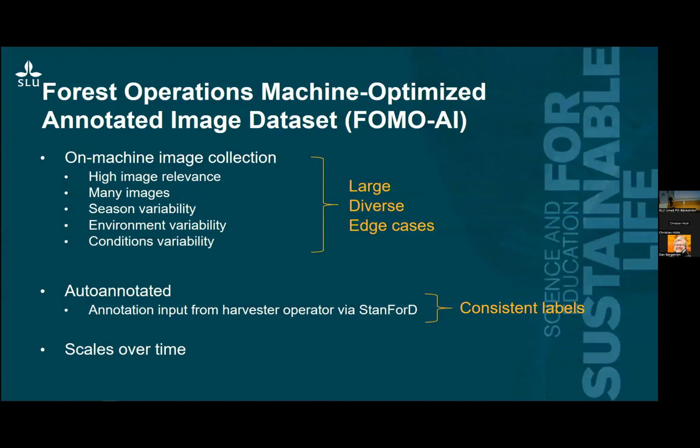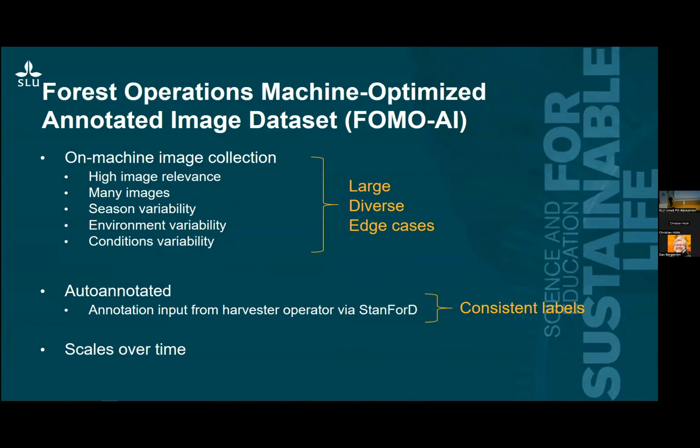So we're thinking that we already have operators in harvesters today basically annotating data via the harvester, because they annotate what kind of tree they are processing. So if we can tap into that data stream, we could lift that annotation and put it onto the video feed.